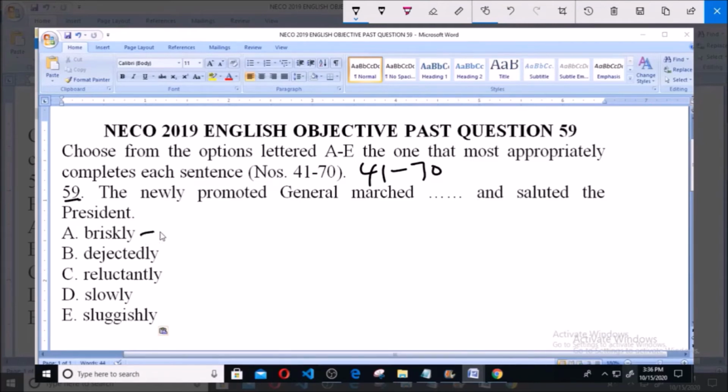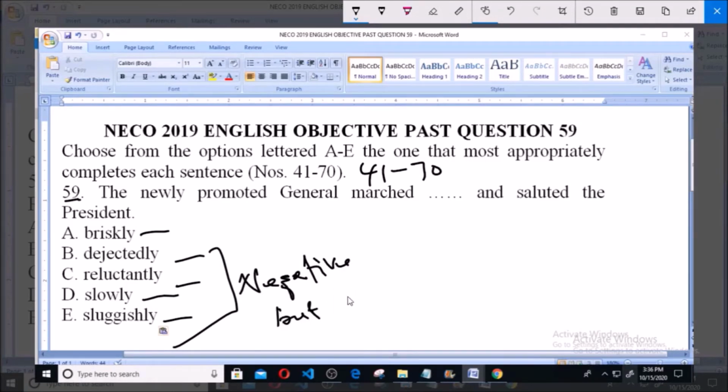Option A, briskly; B, dejectedly; C, reluctantly; D, slowly; E, sluggishly. If you look at options B to E, they are negative in nature, but all are adverbial words, including option A. Briskly means fast.